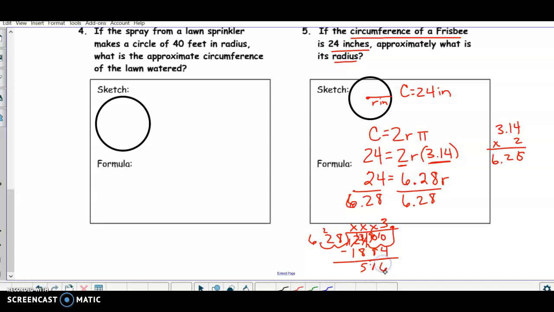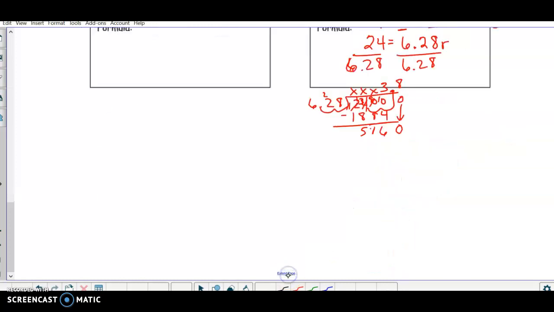And 6. And then I can bring down a 0. And I will tell you, we're going to try an 8. So 8 times 8 is 64, 16, and 6 is 22, 48, and 2 is 50. So that's pretty close. We're going to stop there.